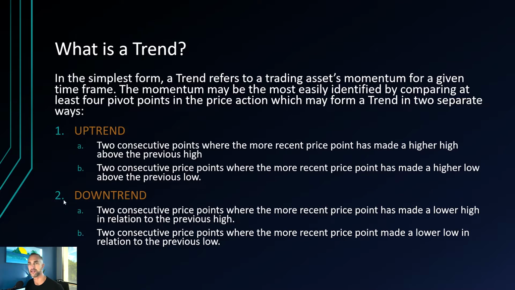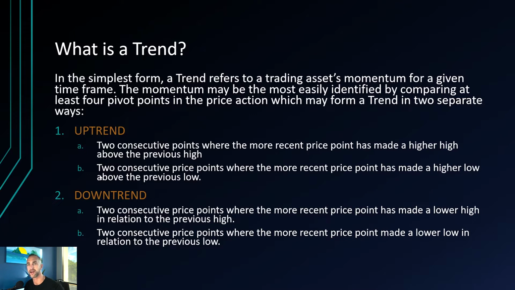One, an uptrend: you want to have 2 consecutive points where the most recent price point has made a higher high above the previous high. Or two, point B, right? You'd want to have 2 consecutive price points where the most recent price point has made a higher low. And that would be an uptrend.